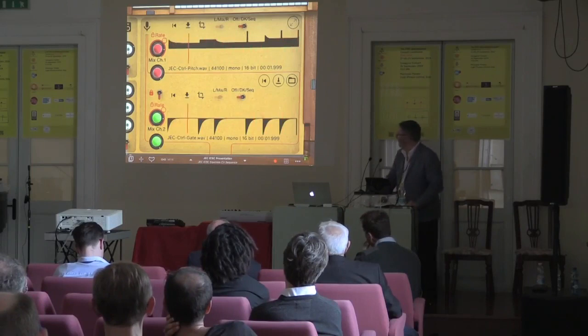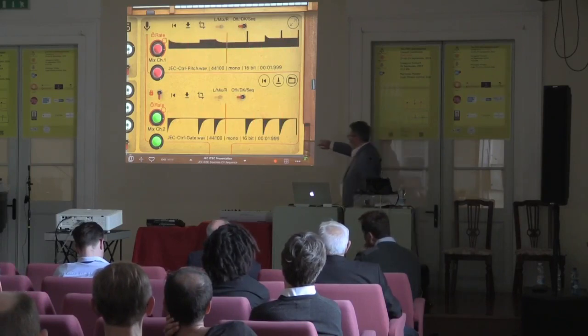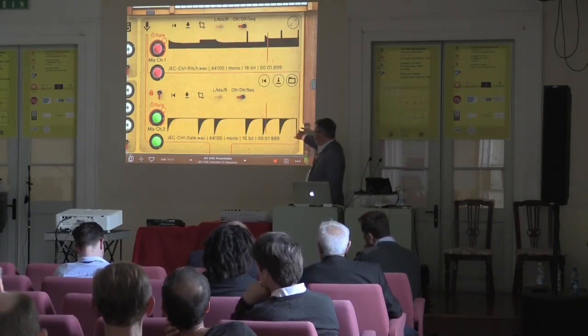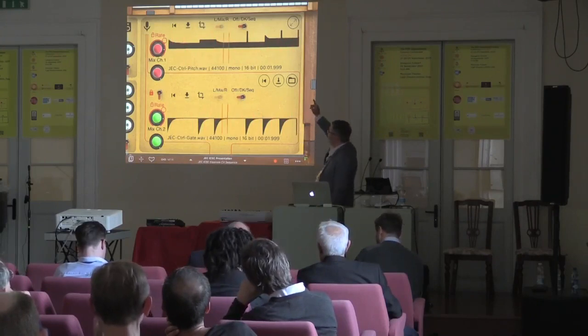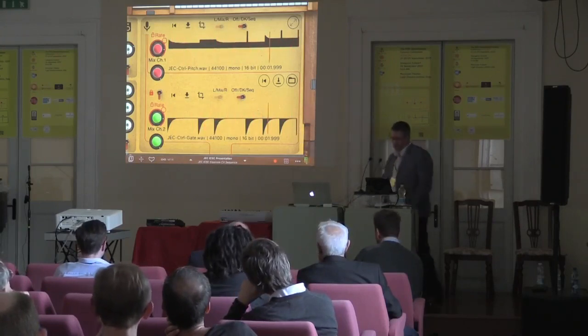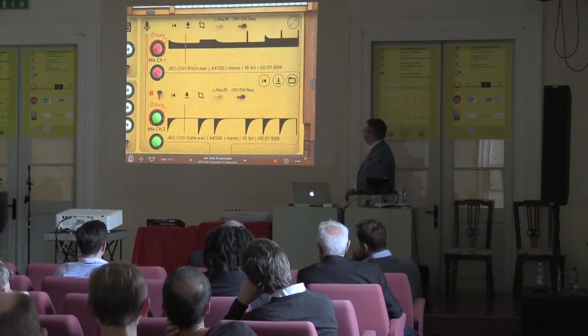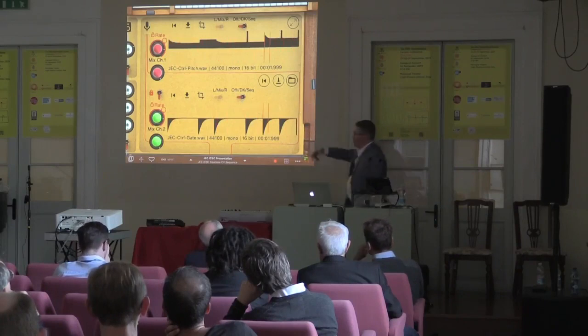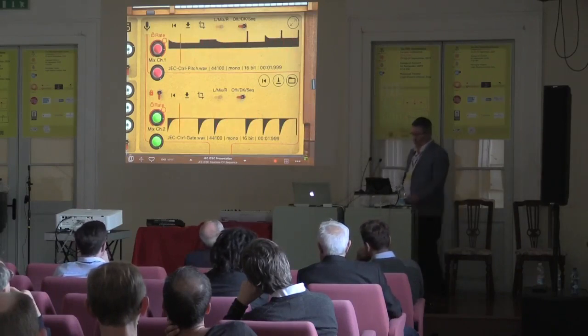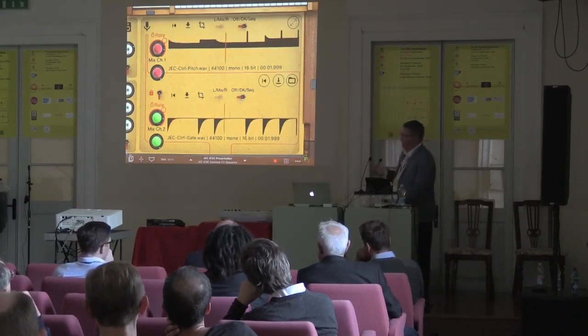So here we have, on the bottom, an amplitude destination, and on the top a pitch destination. And if you notice that there are curves, which is a way of programming pitch bend, can easily be described in that way.